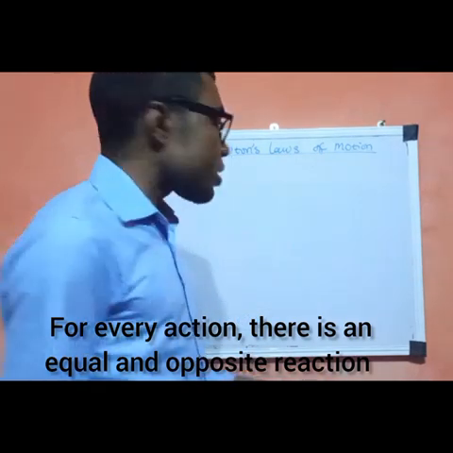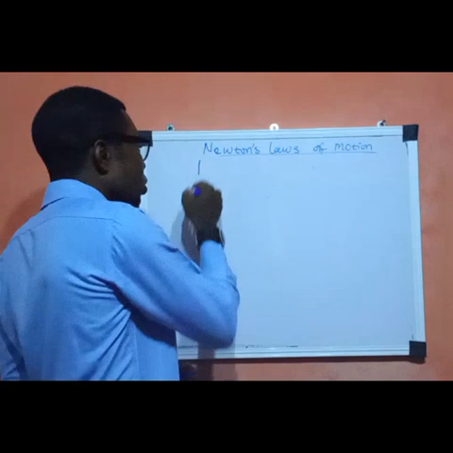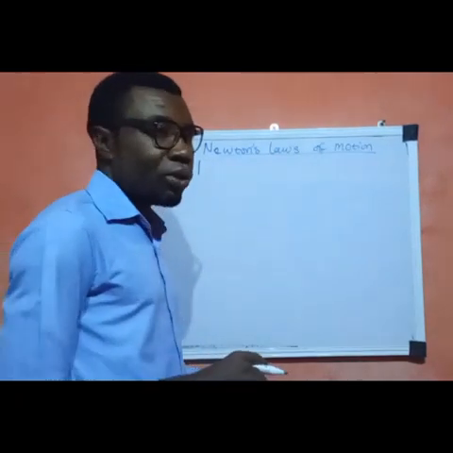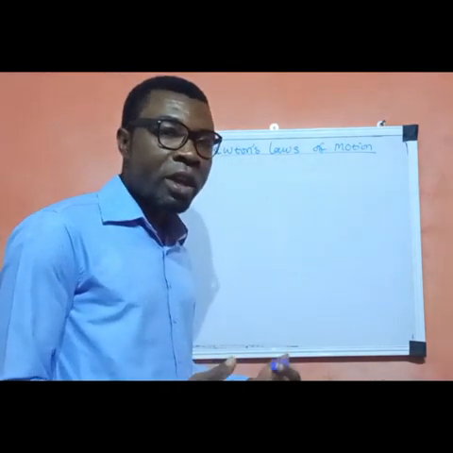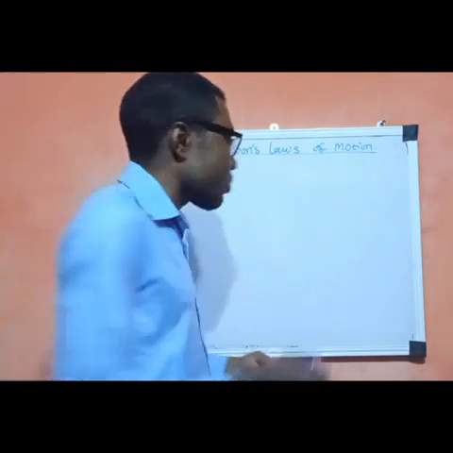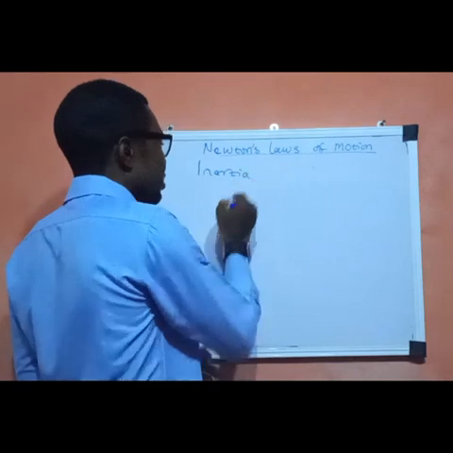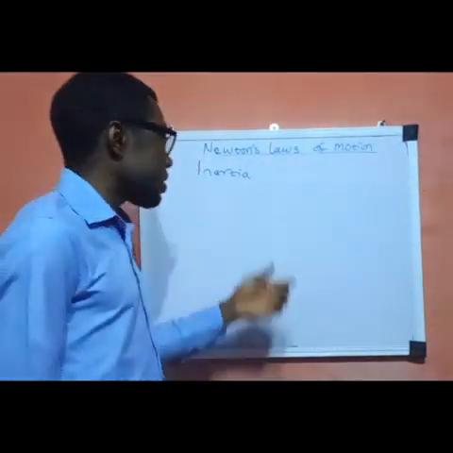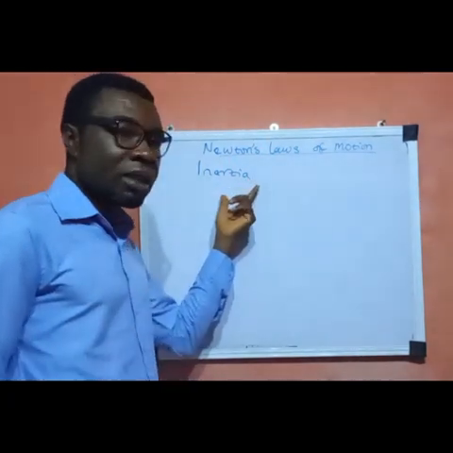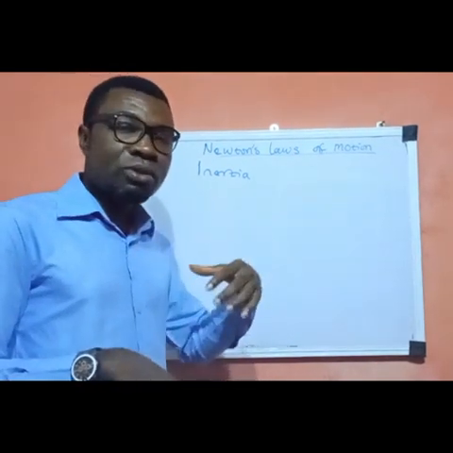And just as we have discussed these laws, there are terms that we need to know that are associated with Newton's laws of motion, so that as we are expressing those terms, we will all know what they actually stand for, such as inertia. We have mentioned inertia to be the first law of motion. But what is inertia as a word? Inertia is the reluctance of a body to change its state.